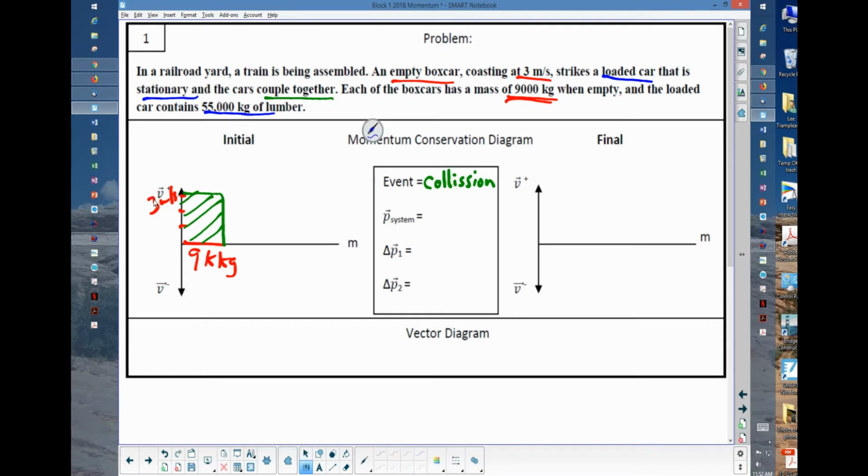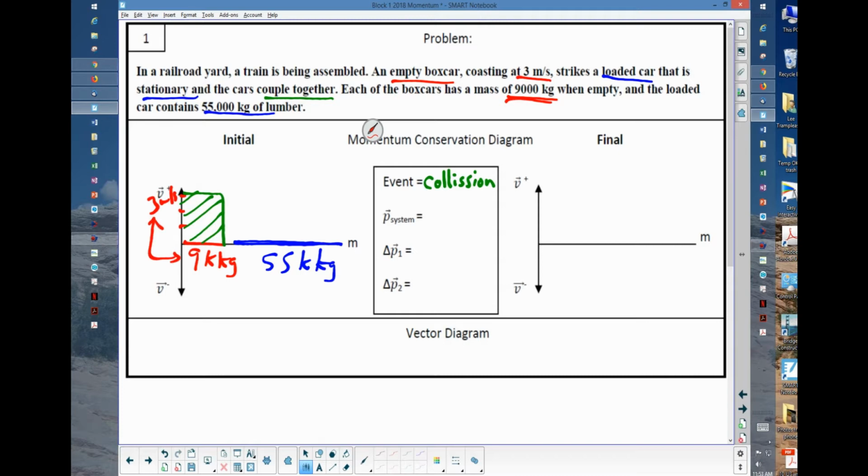Now let's look at the blue car. The blue car, 55,000, is almost about 6 times bigger, so we're probably not going to be able to quite fit that here. But we're going to say there's 55,000 kilograms. It has no velocity, so we don't add anything vertical to it. So the momentum of the system is going to be our mass times velocity.